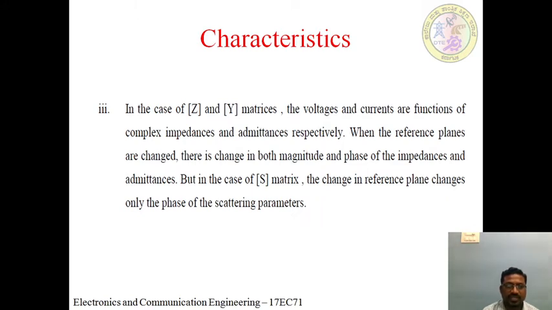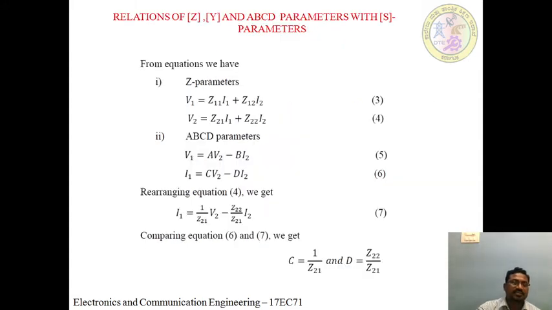When the reference planes are changed, there is a change in both magnitude and phase of the impedances and admittances. But in the case of the S matrix, the change in reference plane changes only the phase of the scattering parameters. These are some characteristics of the S parameters, Z parameters and Y parameters comparisons.